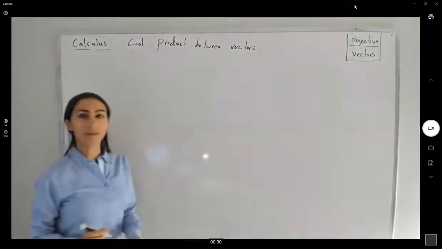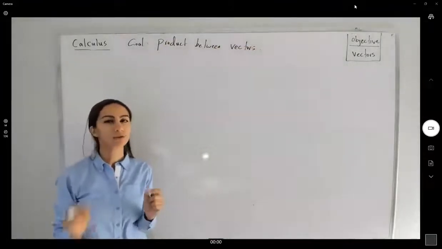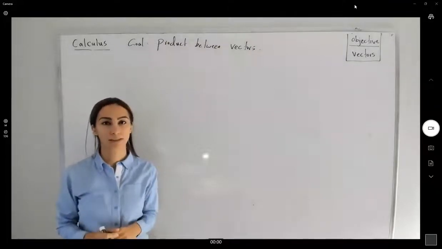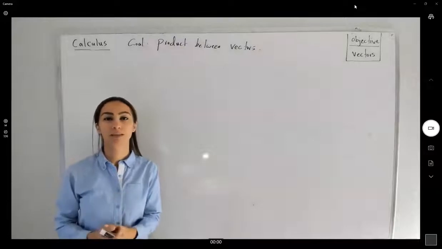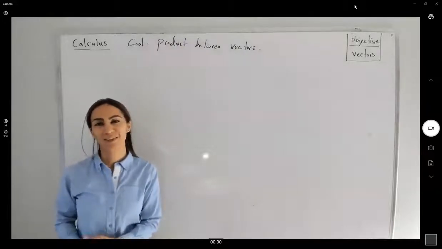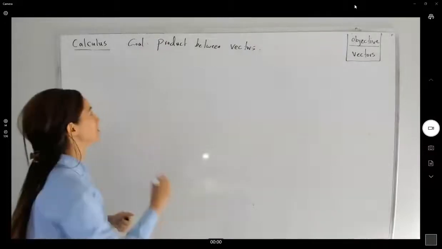When we're talking about products between vectors, we're dealing with two types of products. The very first one is called the dot product, inner product, and the second one is called the outer product or the cross product.